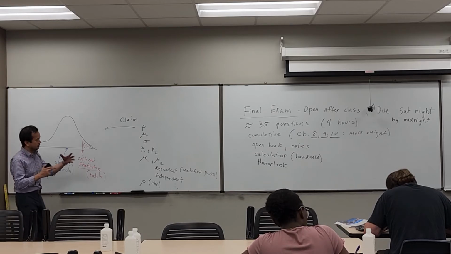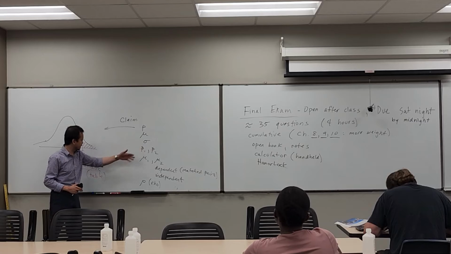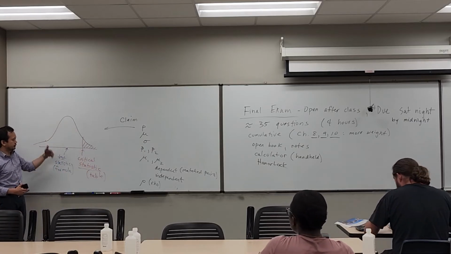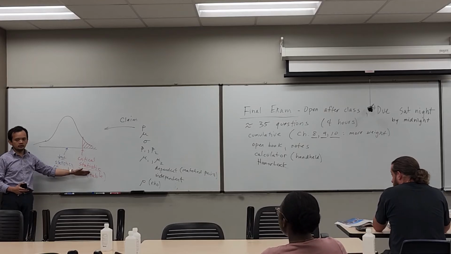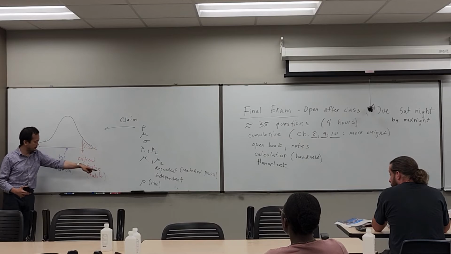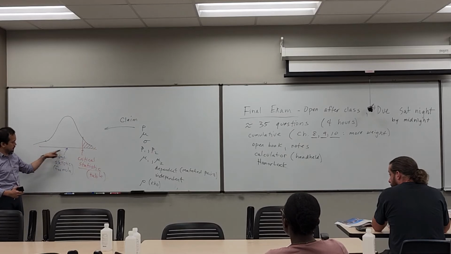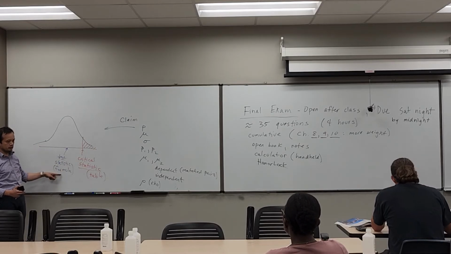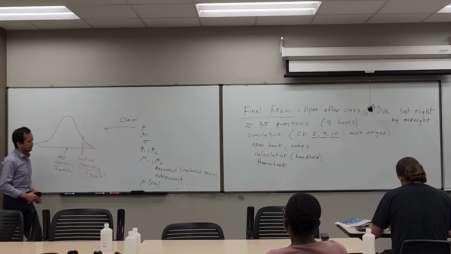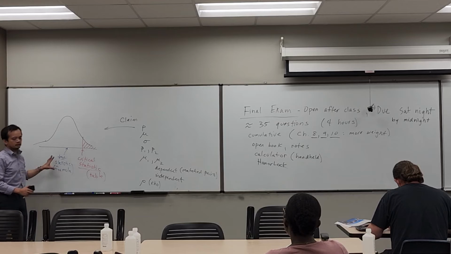So the main thing is, depending on what measurement you have in the claim, that decides what the underlying distribution is, and also decides what table you use to find the critical statistic. And depending on the measurement, that determines what formula you use for the test statistic. But essentially, that's it. Any questions on this?